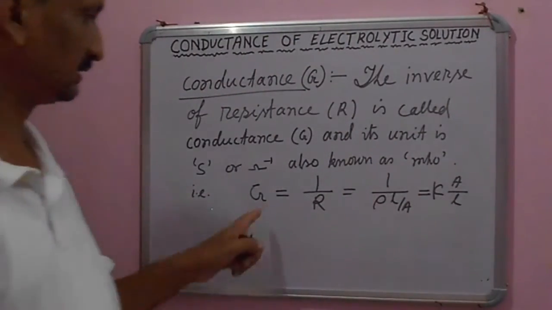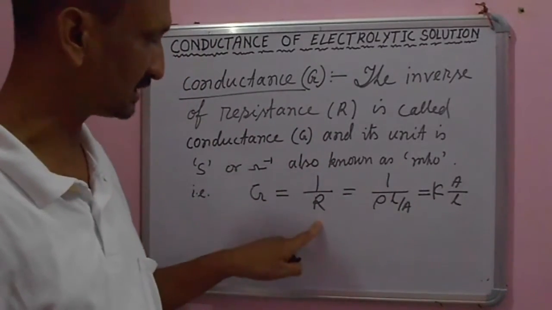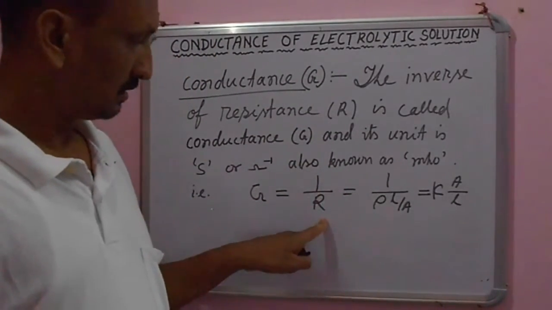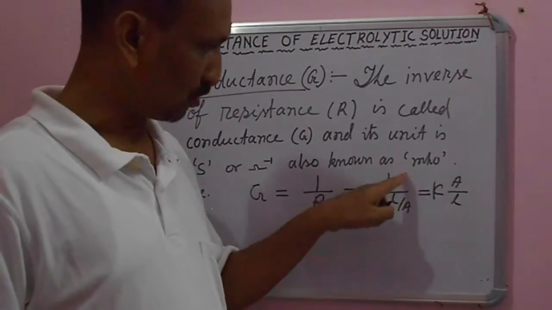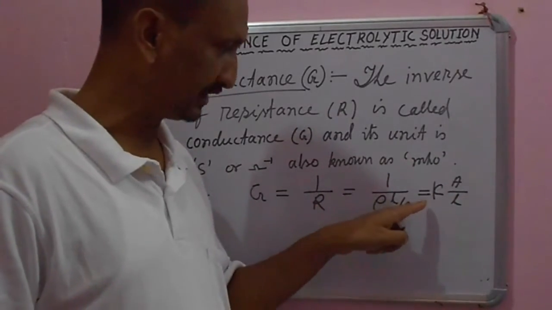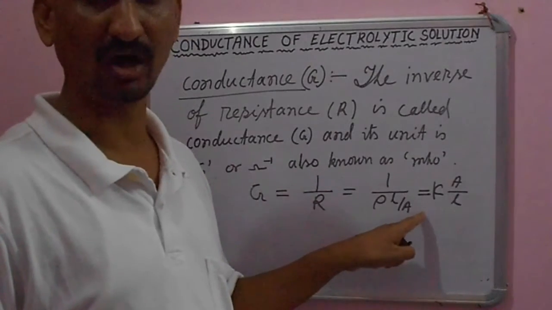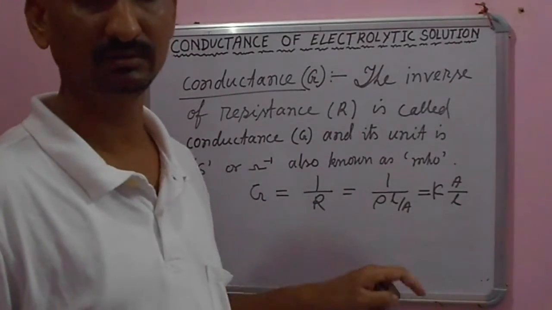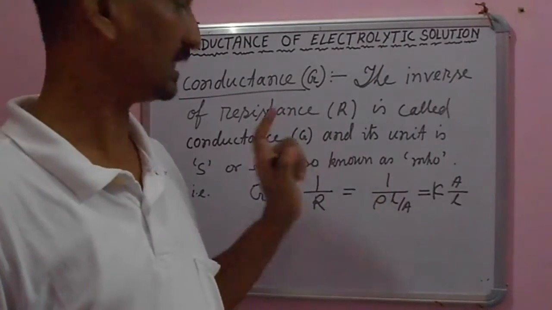So you see that G is 1 by R, because conductance is the inverse of resistance, and R is equal to rho L by A. So this A will go up, so it becomes A by L, and 1 by rho we take as kappa. This kappa is called conductivity, or specific conductance.